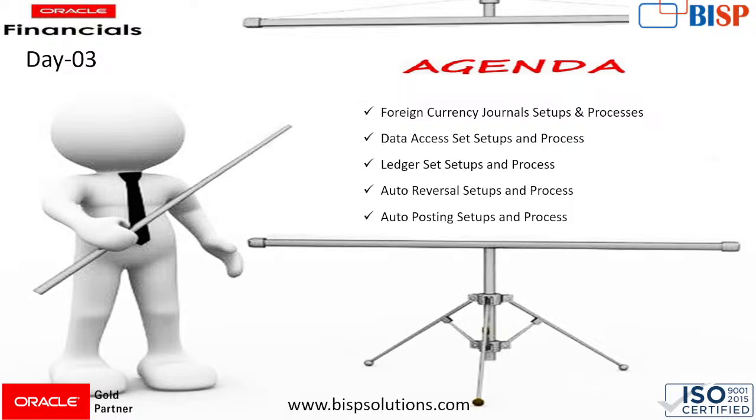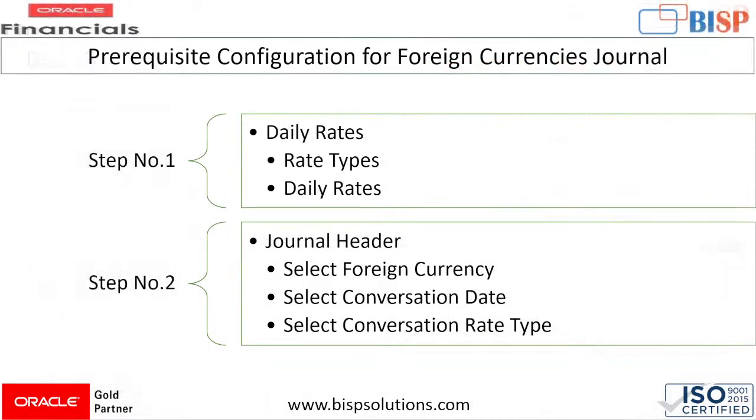So let us move to the next slide. For the prerequisite configuration for foreign currency journals, the first step is to create a daily rate. That daily rate is required. To manage daily rates, you can create a rate type and provide your rate.